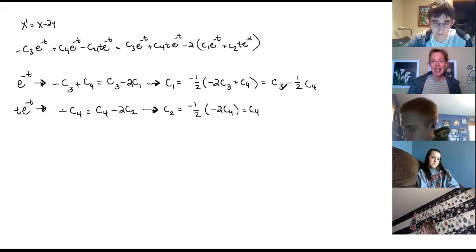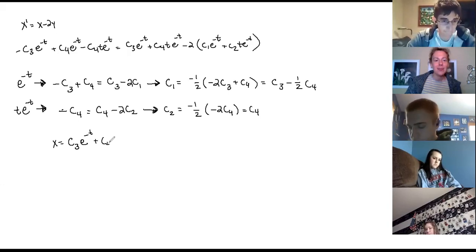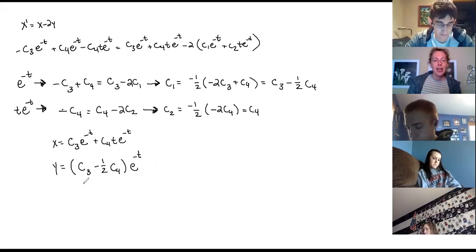Okay, 18 slides later, final answer. Here's where we're at. X equals C3 e to the negative t plus C4 t e to the negative t. That's from before. Y equals, I don't want C1 anymore. I want stuff in terms of C3 and C4. So C3 minus 1/2 C4 times e to the negative t, because that's my C1.